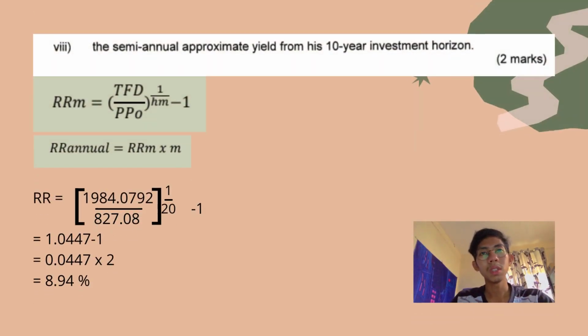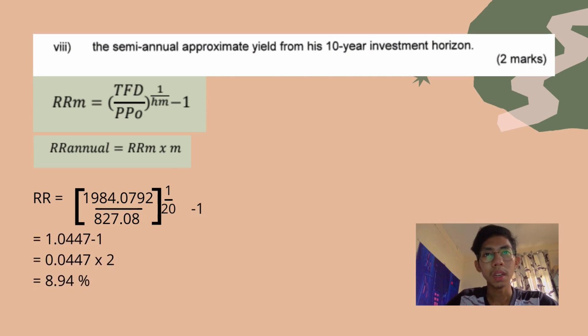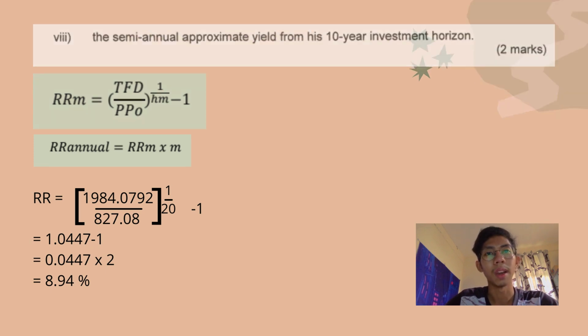To calculate this question, the semi-annual approximate yield is total future dollar divided by purchase price of bond, to the power of 1 divided by Nm, minus 1. So 1984.0792 divided by 827.08, to the power of 1 divided by 20, minus 1.